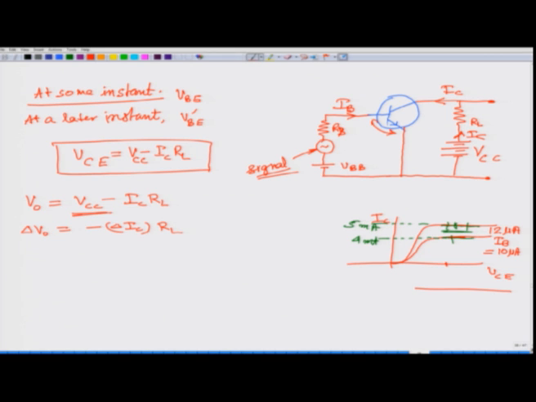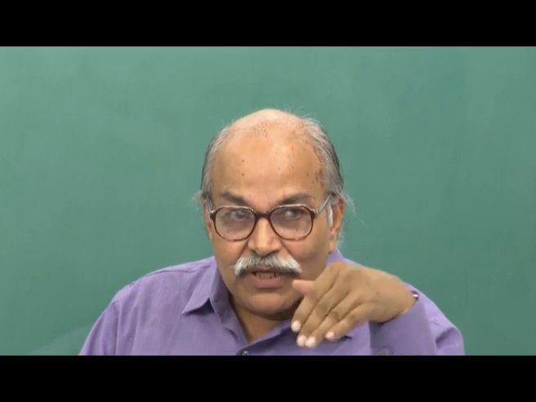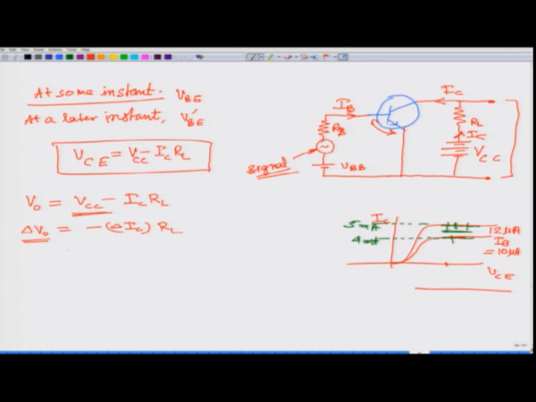What we are looking for in this output is that variation. There is some DC because of VCC and all that, but we are looking at the time dependent part. So, that change delta VO is just this much, and you can see here delta IC is in milliamperes and RL could be a few kilo ohm or a few hundred ohms.